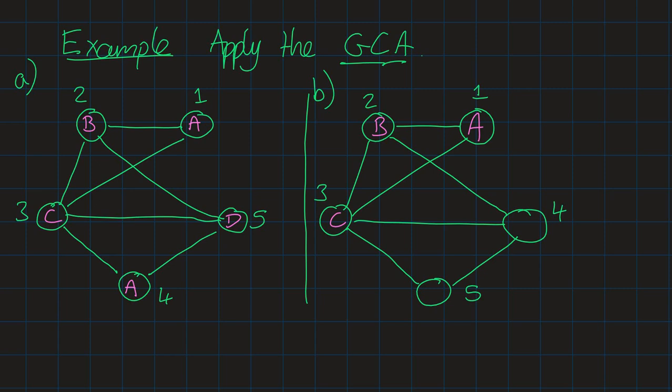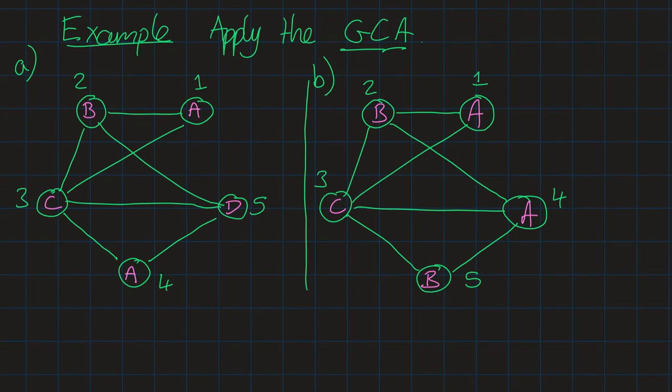It's not connected to an A, so I can color it A. And number 5, well, it can't be A, but it can be B. So for part A, I have a 4 coloring with A, B, C, D, but in part B, the same graph, the answer was a 3 coloring.